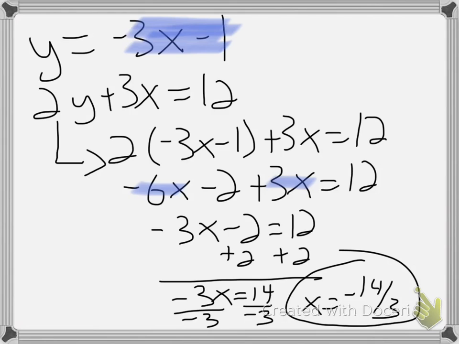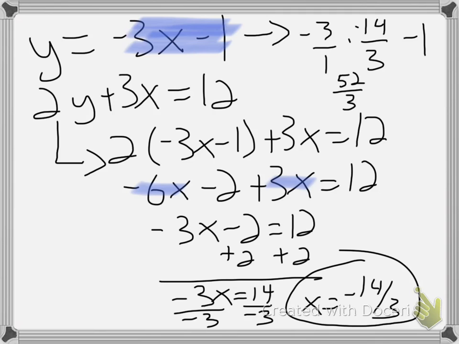Right, now we got to find y. So you can substitute in either equation. I'm going to use this one. So negative 3 over 1 times my new x value, negative 14 over 3, minus 1. So what do I get? I get 42 over 3, minus 1.